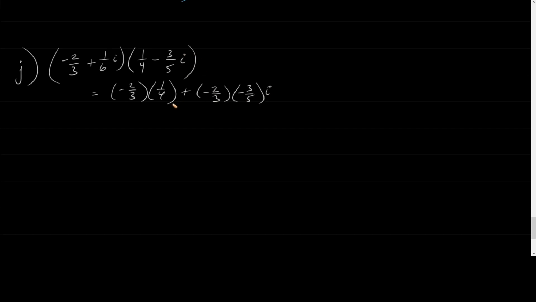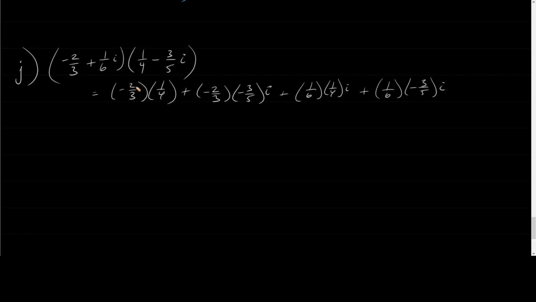So that's the first and the outer. The inner is going to be 1/6 times 1/4 i. And then the last one, positive times a negative, we're going to end up with a negative there, but we can just think of it as 1/6 times negative 3/5 i.